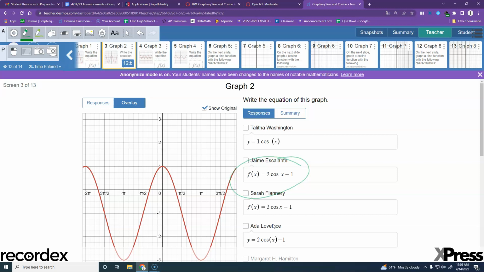So if I see this one right here, it would be assumed that only that x is inside of the parentheses. In order for that -1 to be on the inside of the parentheses, you would have to have a set of parentheses there. So you can write it either way, just whichever way works best for you. But it would be incorrect if that -1 is inside of the parentheses, because then that would shift it left or right. But you can put it on there or leave it off.